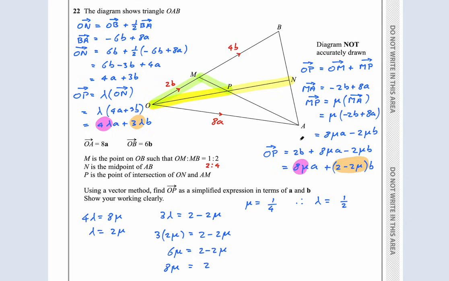Okay, now once I have mu and lambda, I can sub these back into this. So OP, I can sub it into either, but this one's the easier one, guys. Let's stick with that.